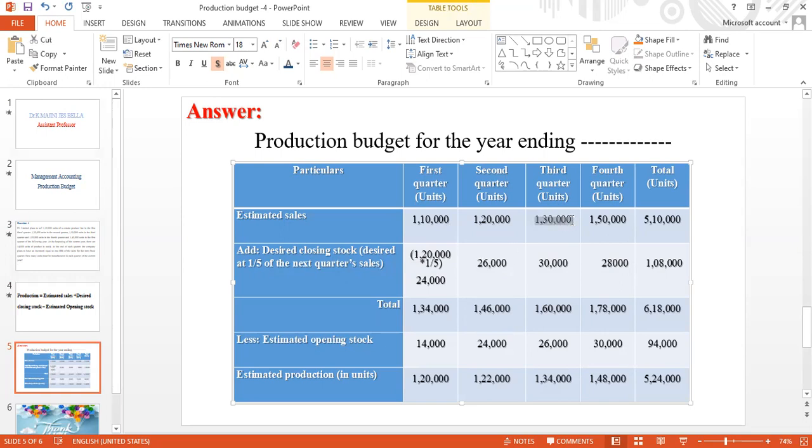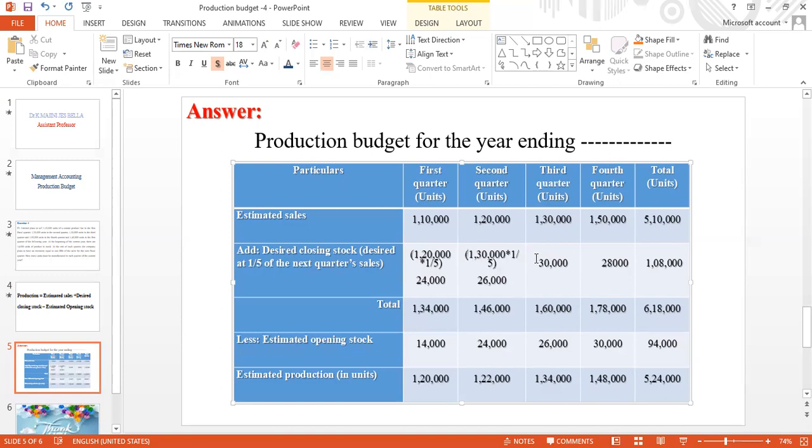For here, 1,30,000 into 1 by 5. Okay, we will get 26,000.